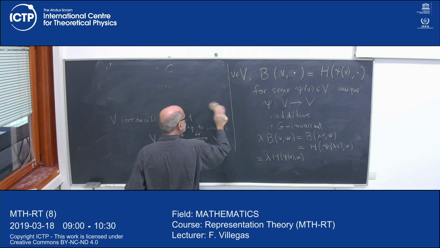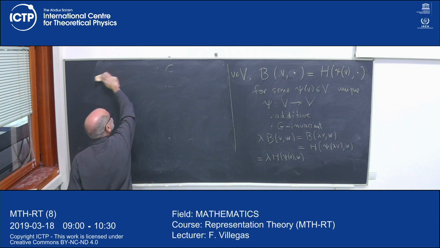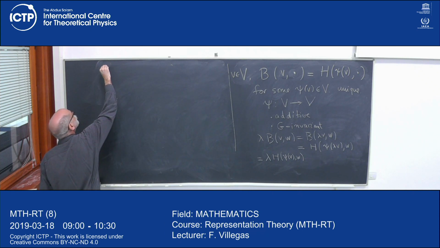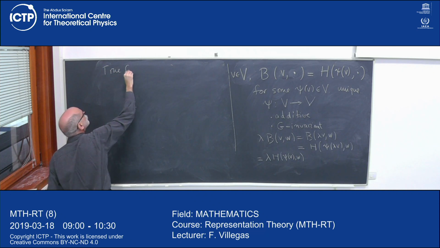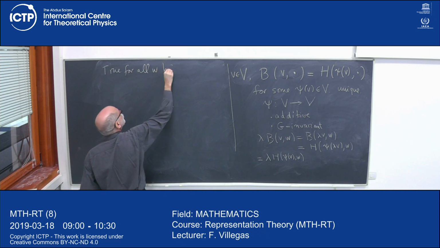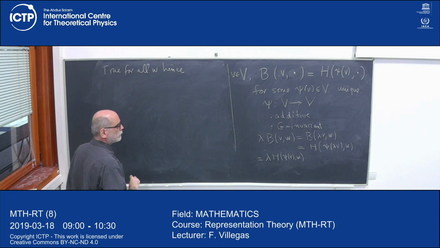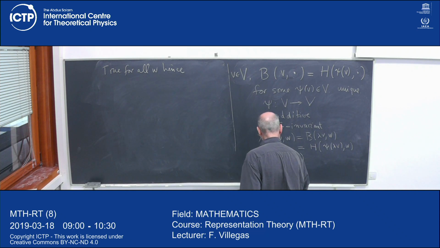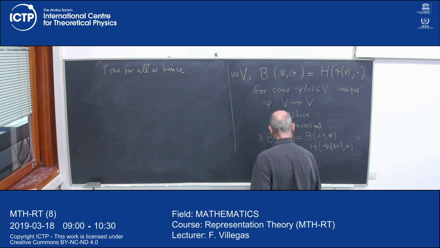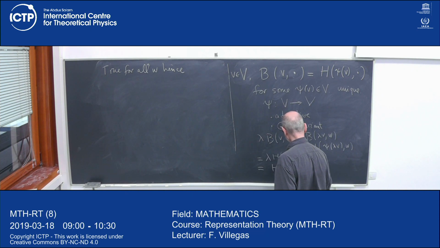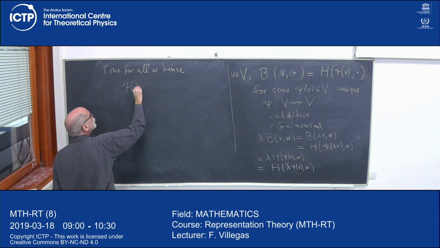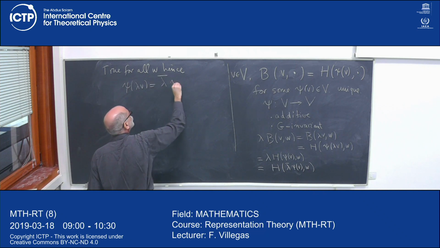Therefore, we must have the following. This is true for all w. Hence, we must have the following. H, the lambda, I can put it inside, but then it has to be conjugate. So psi of lambda v is lambda bar psi of v.